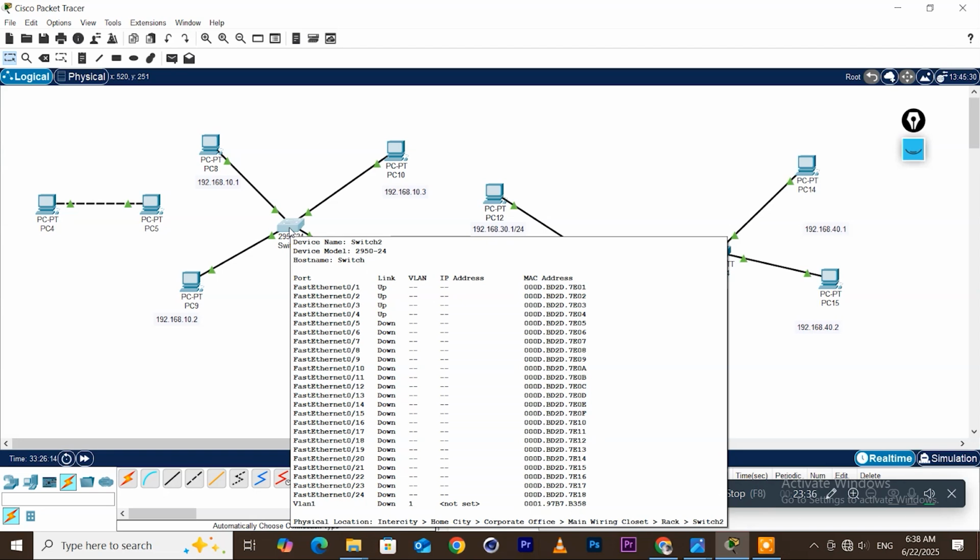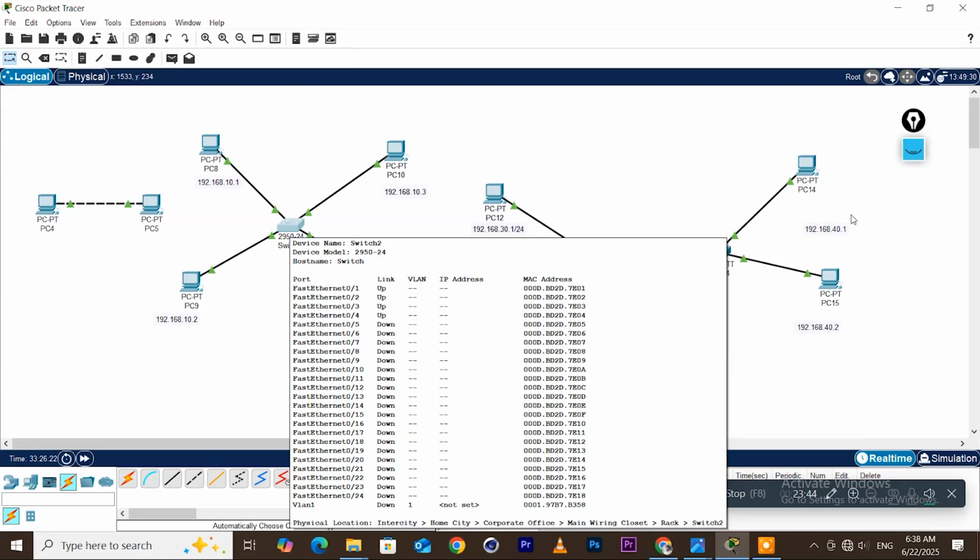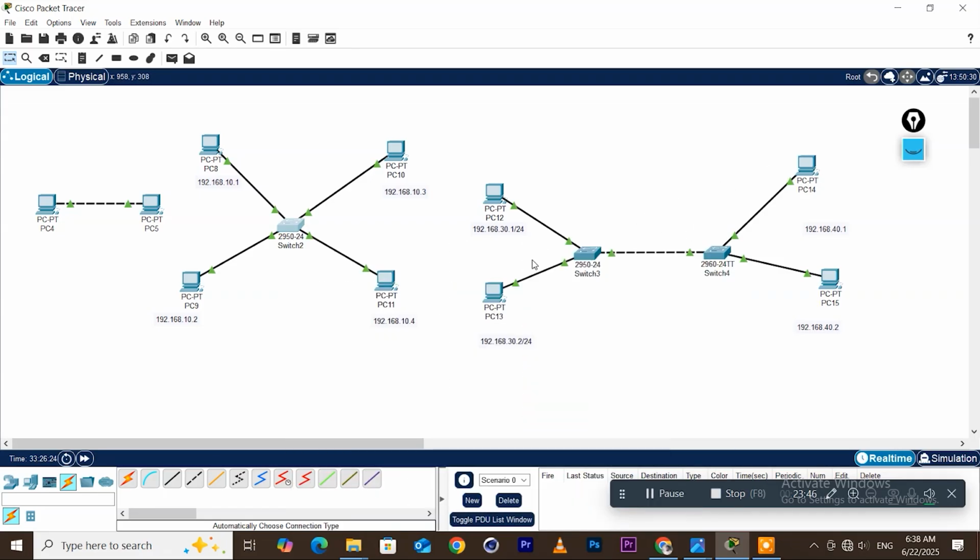And to communicate between 2 different networks, you need to introduce a router. That is what we will be seeing in our next class, how we can use a router to set up communication between different networks.